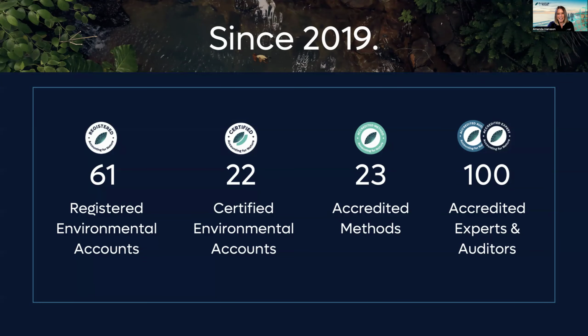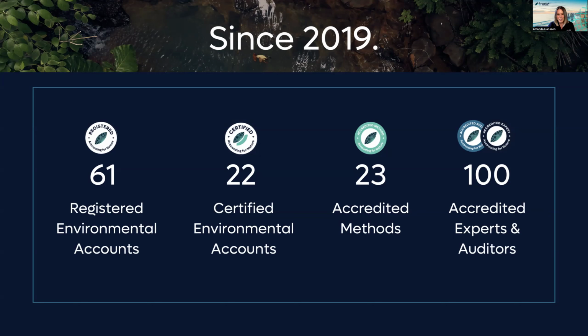So since we started as a not-for-profit in 2019, we have seen 61 environmental accounts registered, and these are available for anyone to view on the Accounting for Nature website. 22 of these environmental accounts have been certified. That means they have gone through all of the 5 steps that we're going to cover today and have collected data and have environmental monitoring data reported.